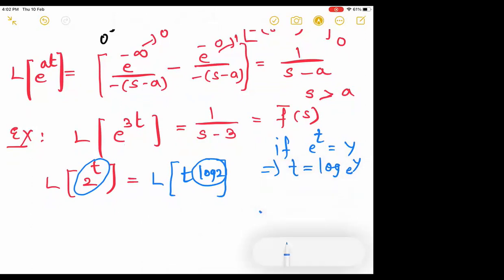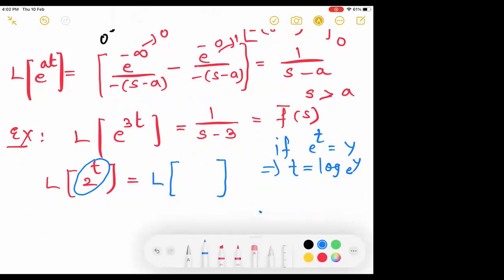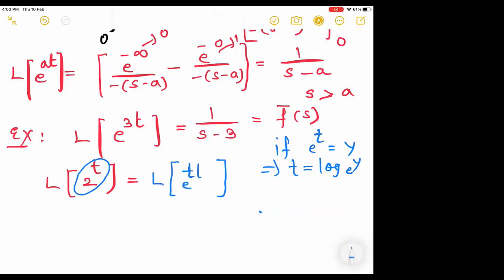One minute. So this is actually e raised to t log 2. So your answer for a is log 2, the coefficient of t. And therefore this is your a.